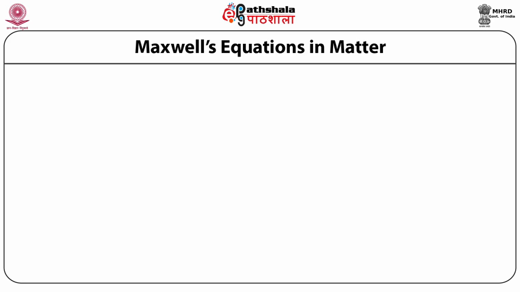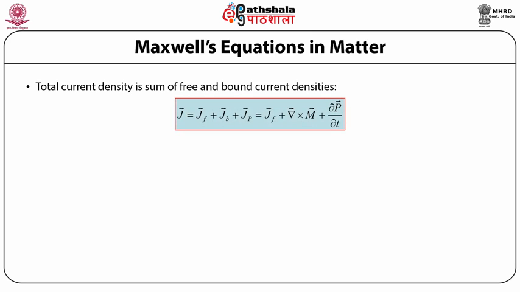Maxwell's equations in matter. Just like we defined the total charge density as the sum of the free and the bound charge densities, the total current density vector J is equal to vector J subscript F plus vector J subscript B plus vector J subscript P, where vector J subscript F is the current density due to free charges, vector J subscript B is the current density due to bound charges, and vector J subscript P is the current density due to electric polarization.